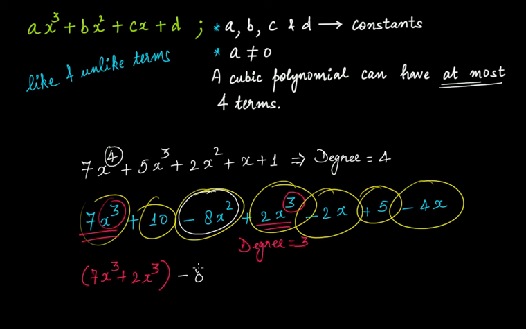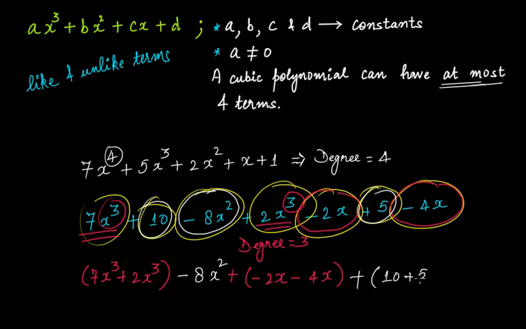Then you have minus 2x and minus 4x. These two are like terms, so you'll add them together. Then you have 10 and plus 5. Now this becomes 9x cubed minus 8x squared minus 6x plus 15, right?